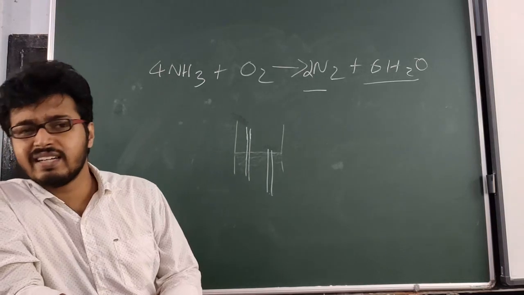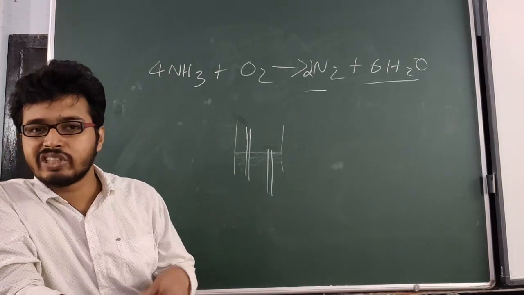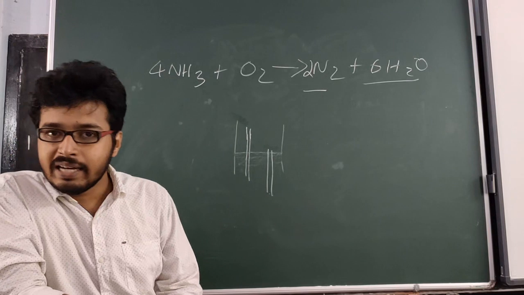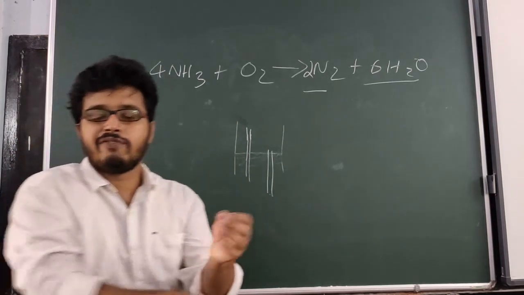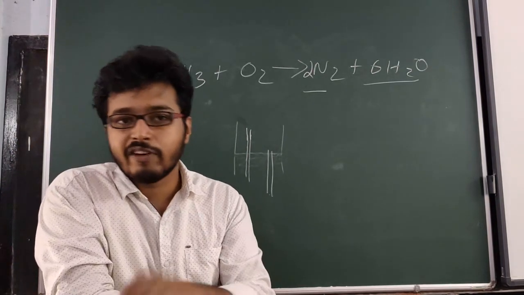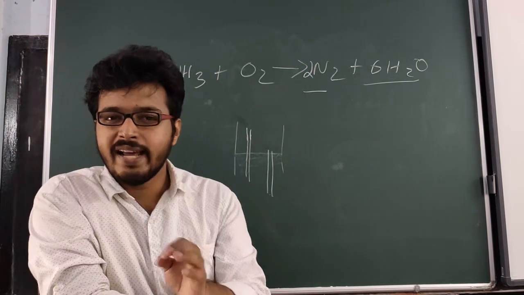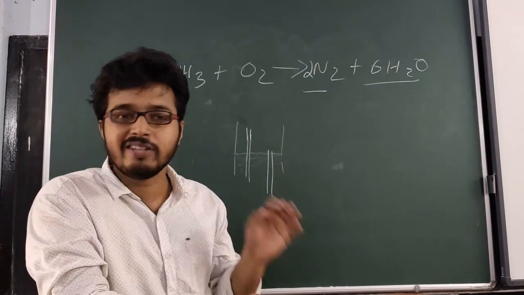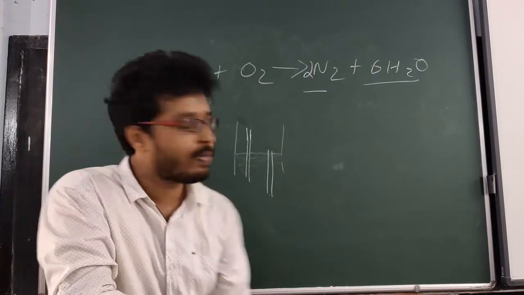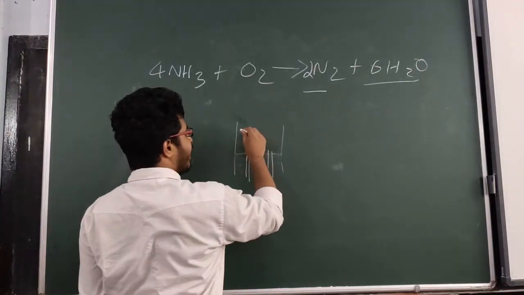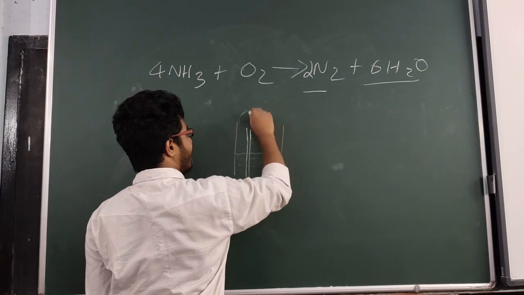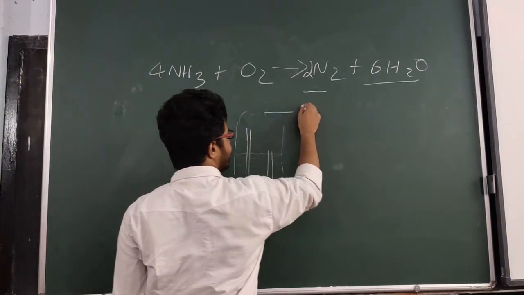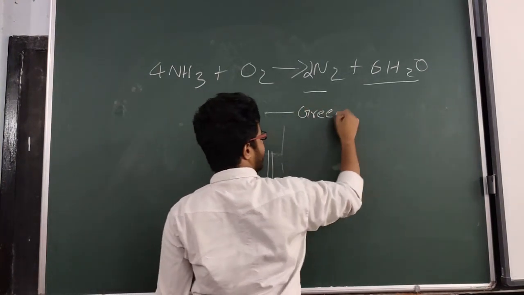Under this setup, if we are treating it with some flammable substance, ammonia can catch fire. When it does catch fire, it burns with a greenish yellow flame. After a long time, you can see a flame. That flame coloration is greenish yellow.